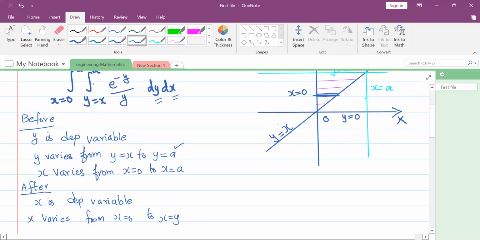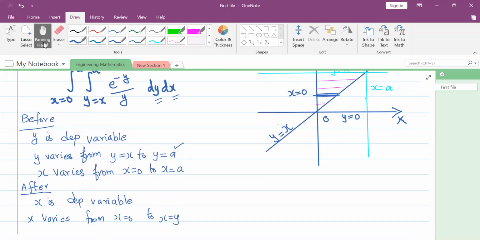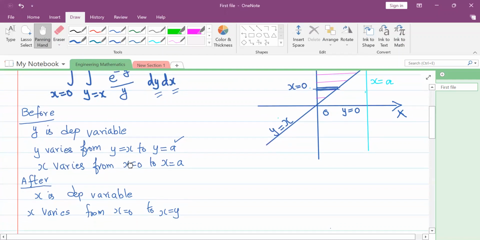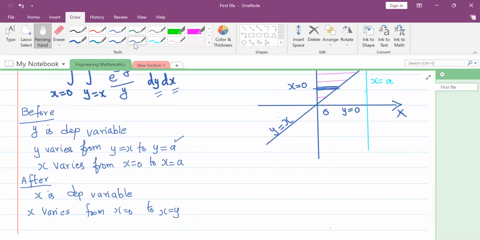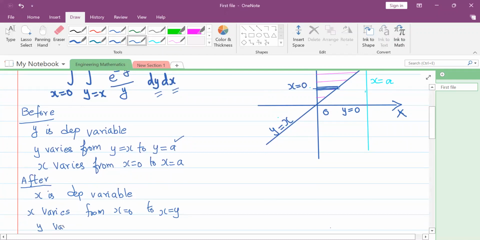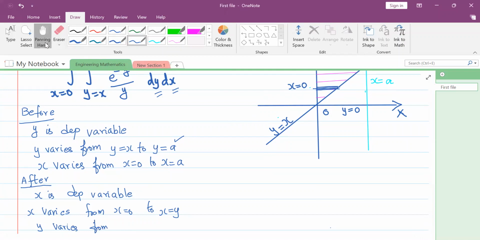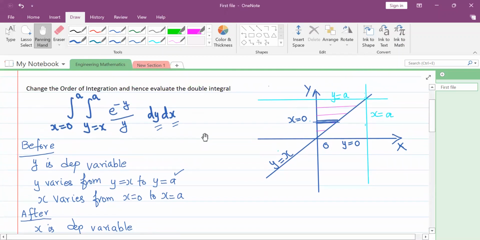Now, what is the next case I have? Now I'm going for identifying the y variable limits. So y varies from where to where? It varies along the y axis.